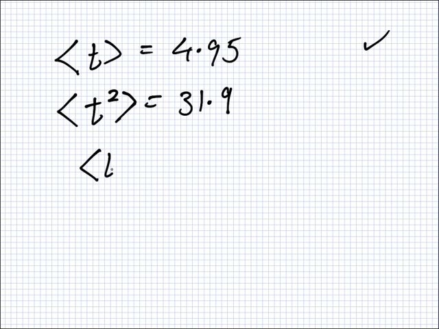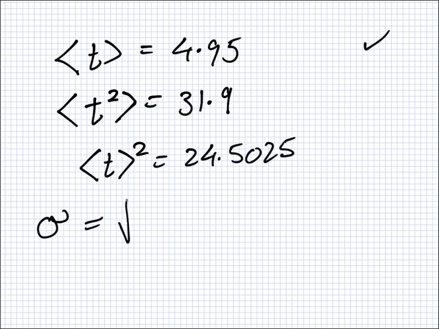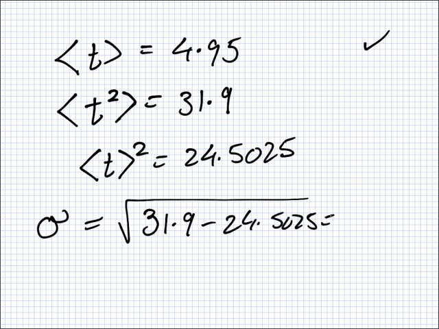You'll still need to calculate this. How do I get that one? Can we just square the whole 4.95? Yes, that's correct. 4.95 squared is 24.5025. So the standard deviation, if you remember the formula, is the square root of 31.9 minus 24.5025.